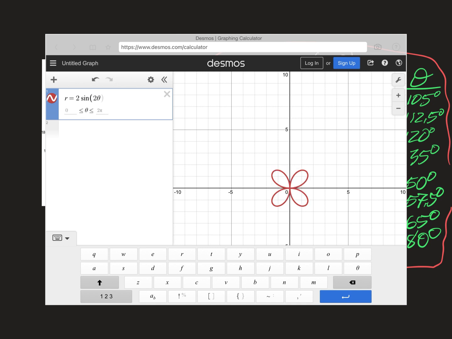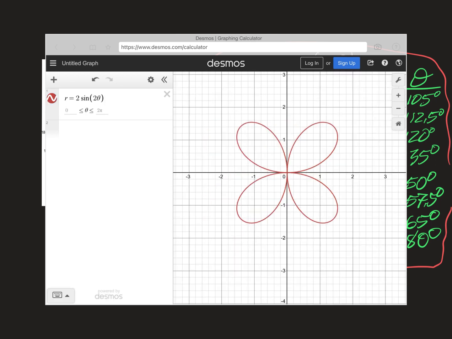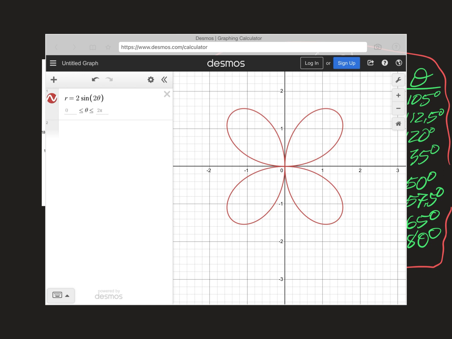And when I type that, you will see that my theta becomes exactly the graph that you and I wanted.